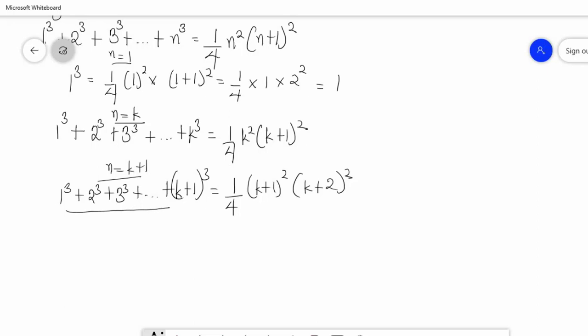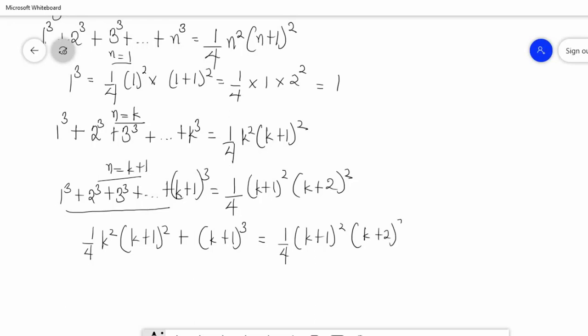And so by substitution, now we are going to have 1 on 4 k squared multiplied by k plus 1 all squared plus k plus 1 to the power 3 should give us 1 on 4 multiplied by k plus 1 squared times k plus 2 squared.